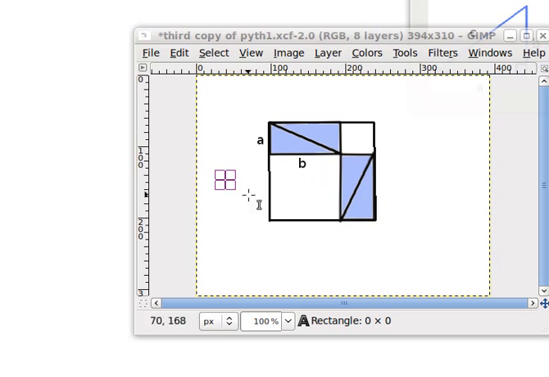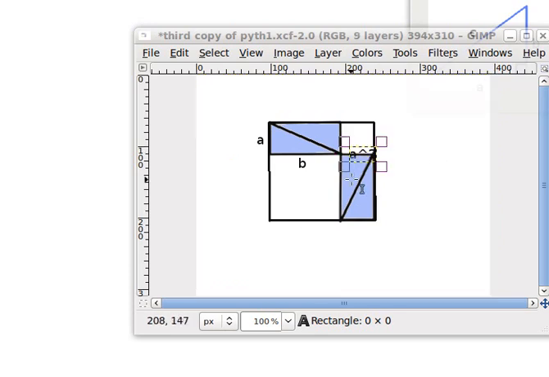If this is of length A, then this is of length A, and this is of length A. So this part right here is A squared. Let me type this in: A squared. It doesn't look quite right, but this caret symbol means A squared. That means this area is A squared. And this is also a box.